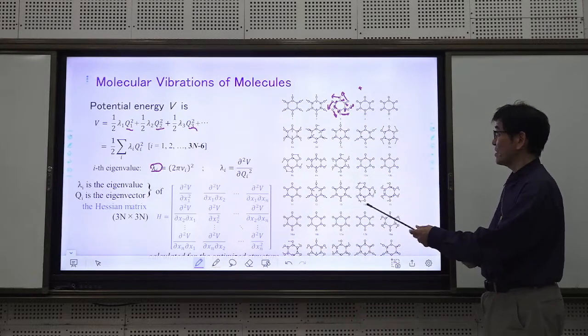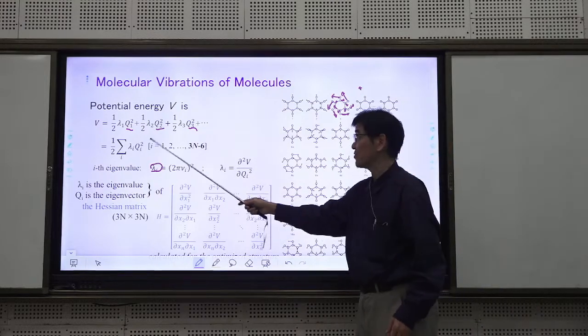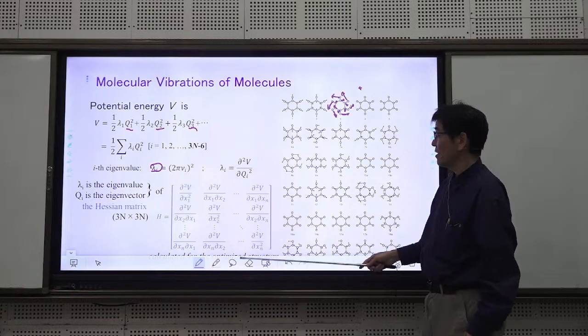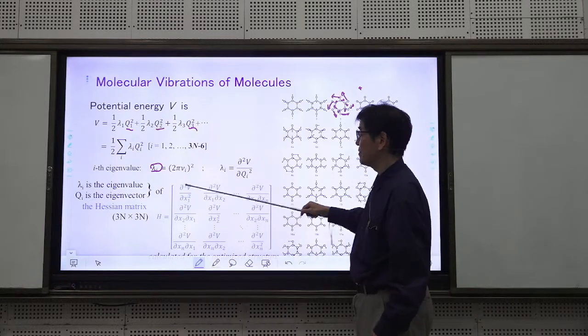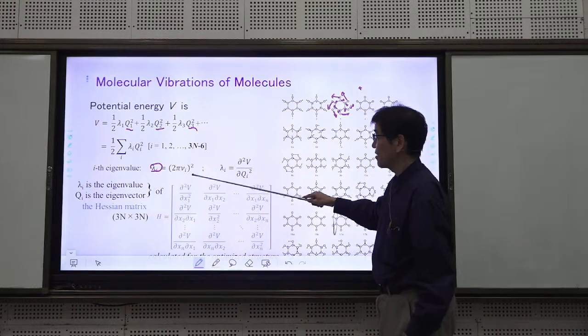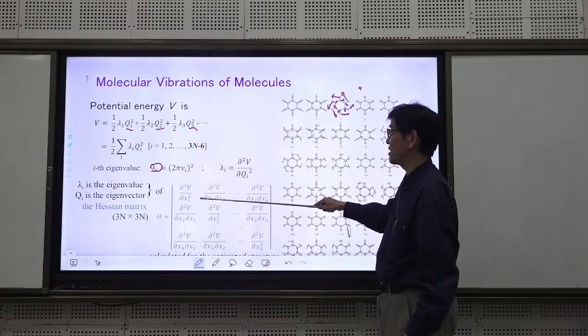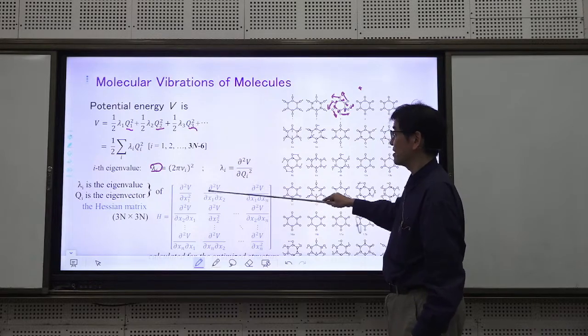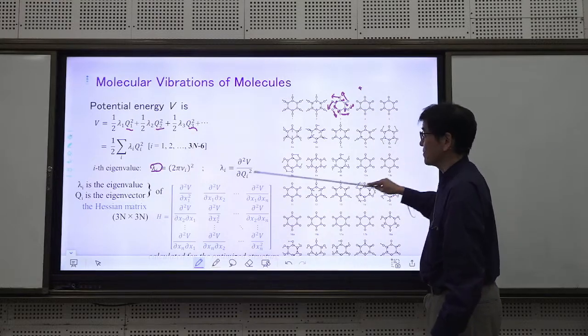So by calculation, we can get this kind of information: what is the molecular vibration frequency? And usually, this is calculated by making a Hessian matrix, that is the derivative of the potential along the coordinates x1, x2, up to xn for each atom.